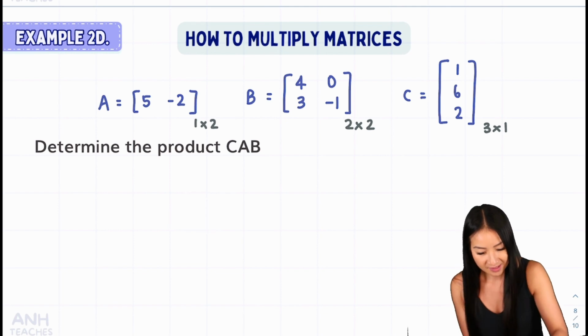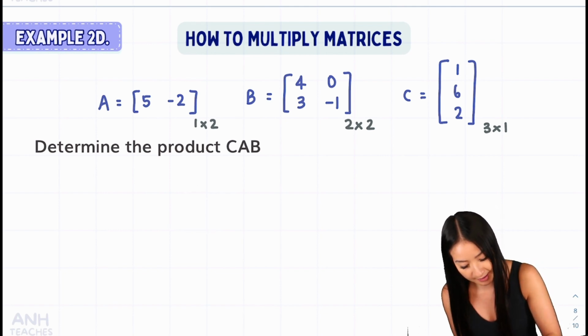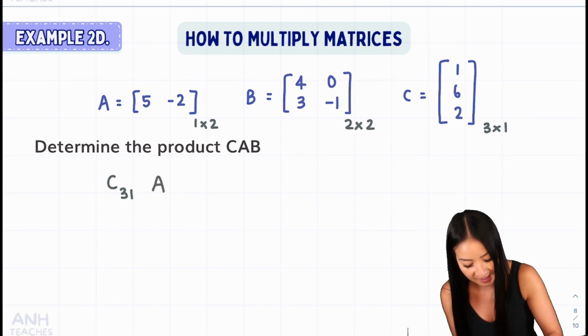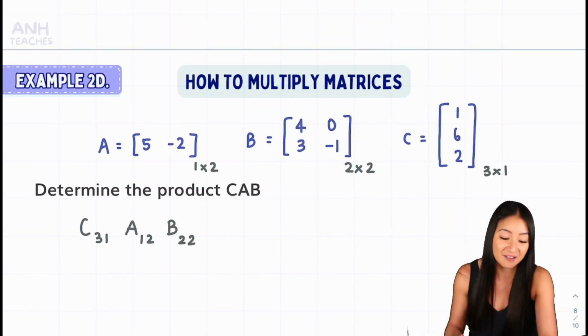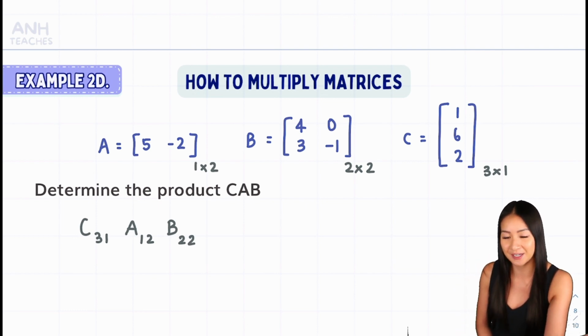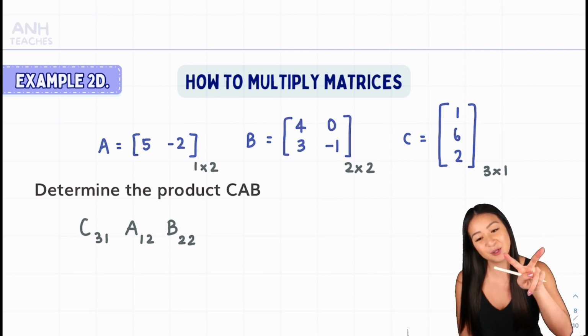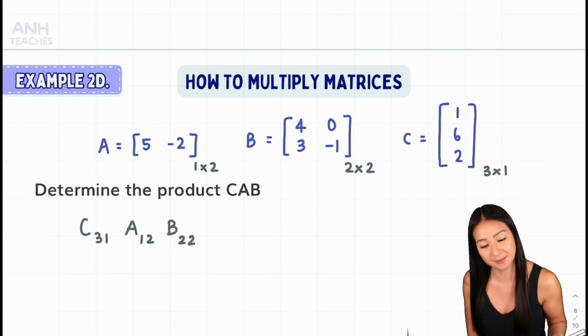Okay, so let's start by writing down our shorthand notations. So C is 3 by 1, A is 1 by 2, B is 2 by 2. And I'm going to check if I can actually multiply these matrices or not. So again, I'm looking for those inside values to be the same.